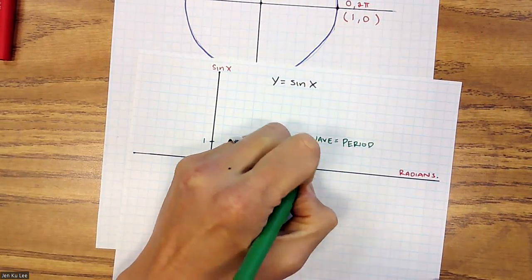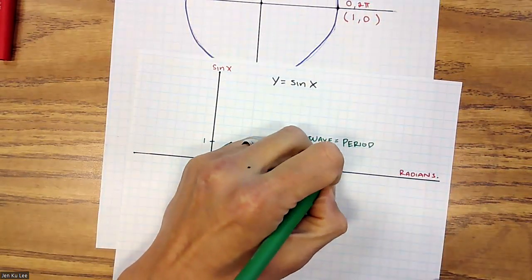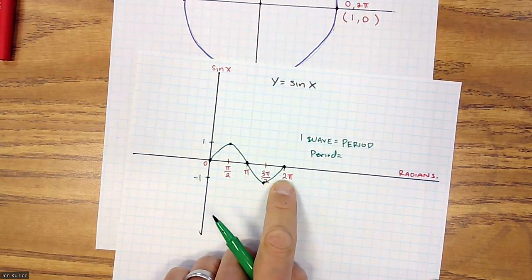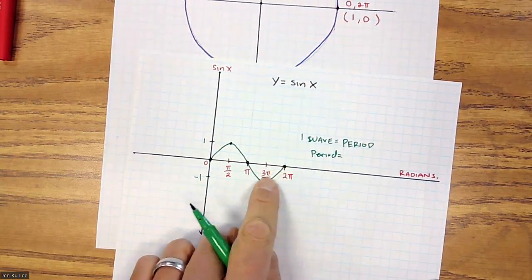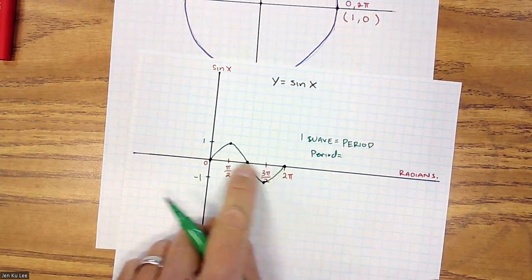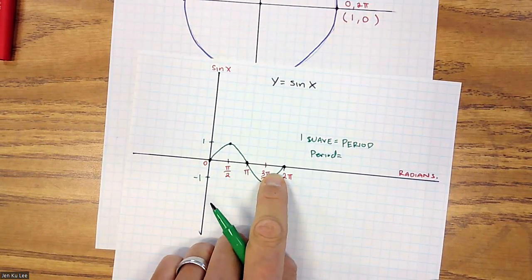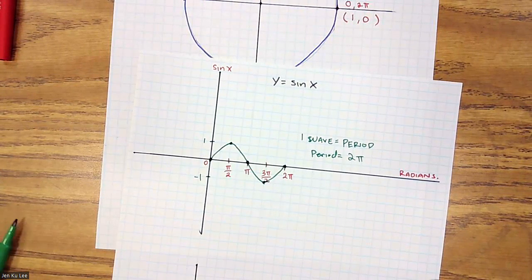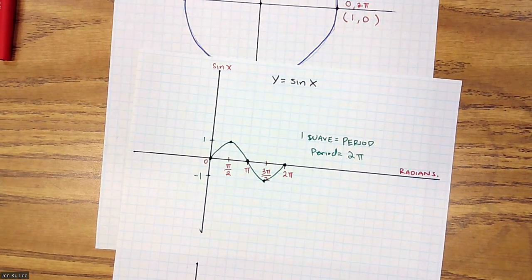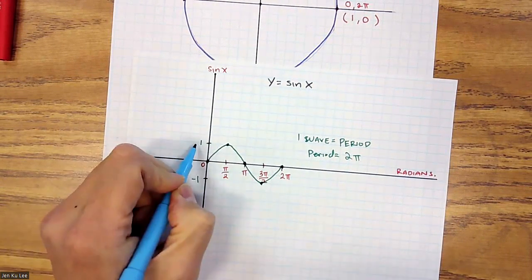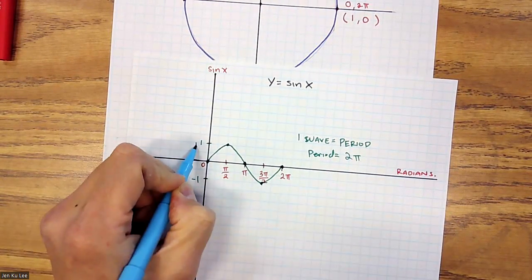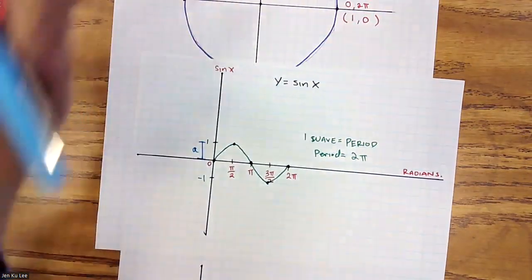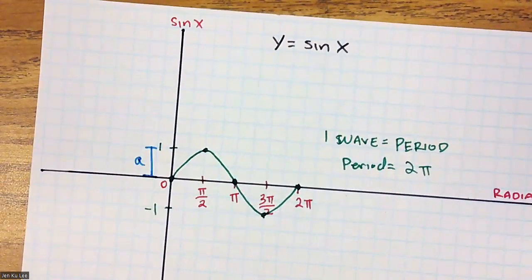So my period here is actually 2 pi, because the length of this wave is 2 pi units long. The height of this wave goes from 0 to 1. That's my A value, right there.